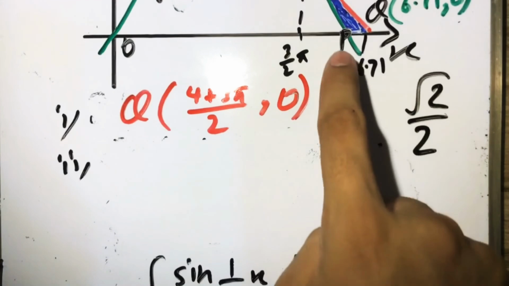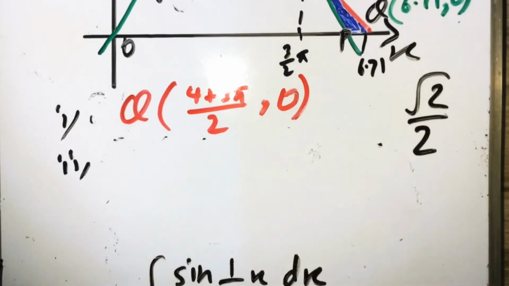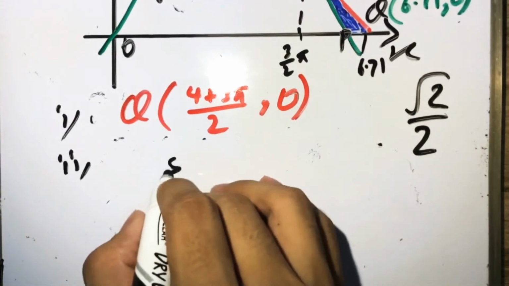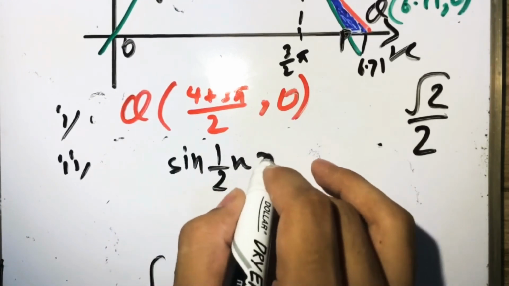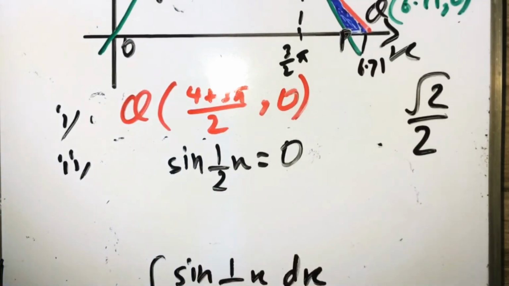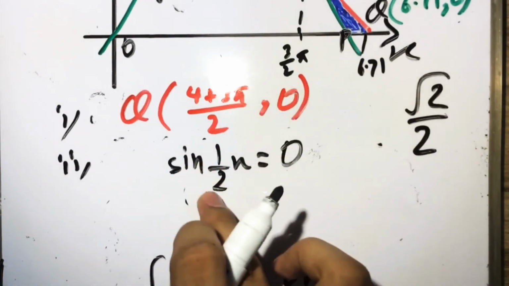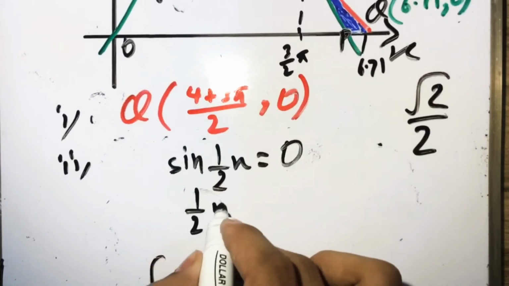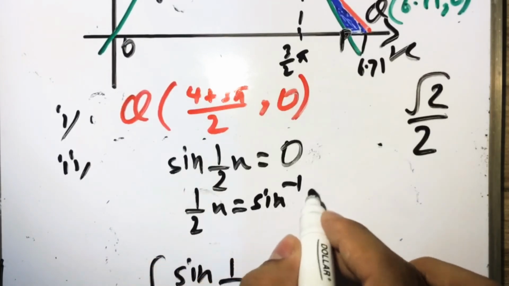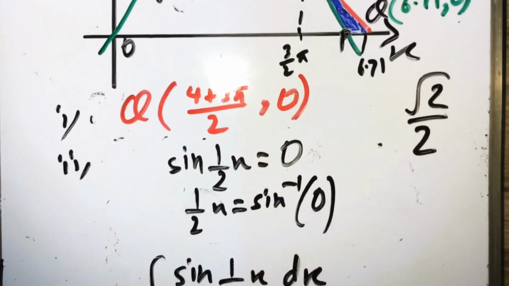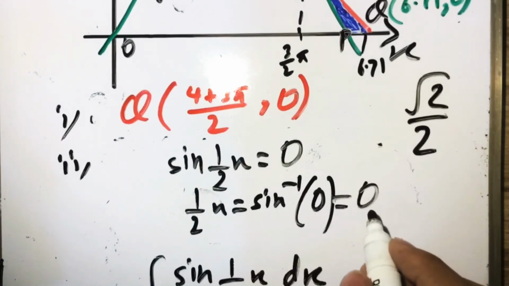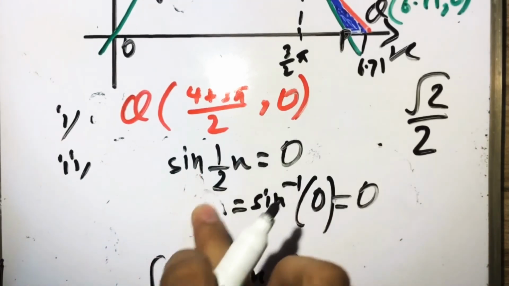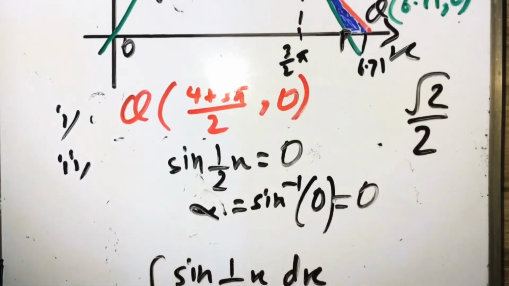To find the x coordinate of this point where the curve meets the x-axis, we'll equate sine half x with 0, because over here y is 0. Now sine inverse 0 is equal to 0, so half x equals 0. Like this is alpha equals 0.